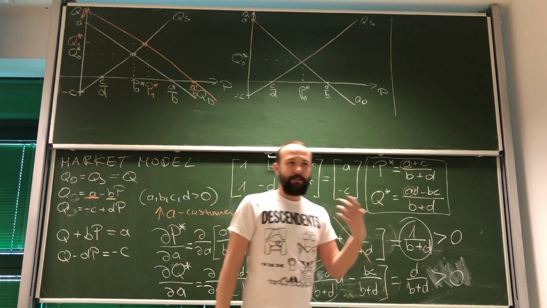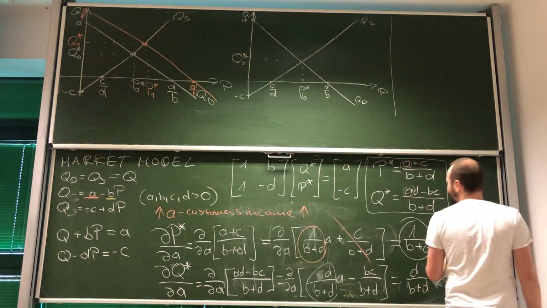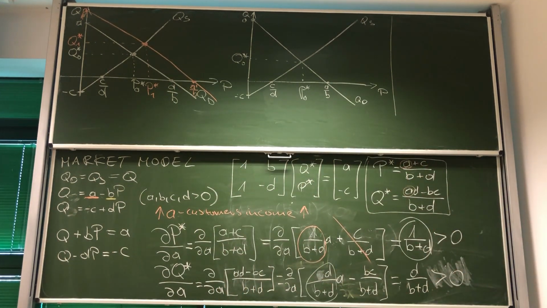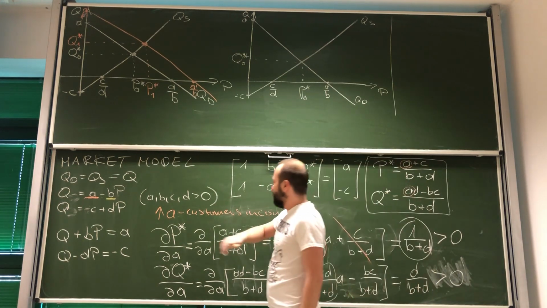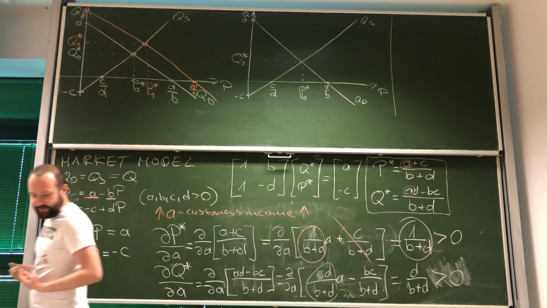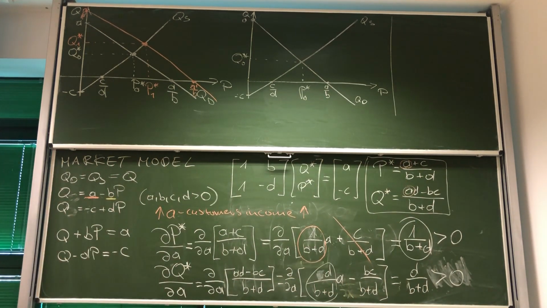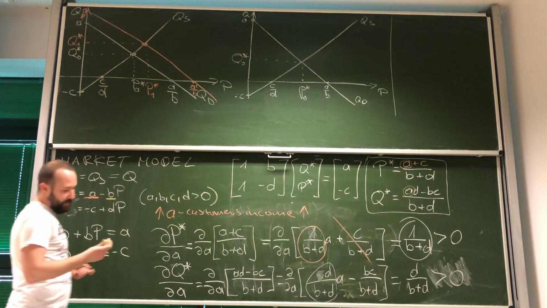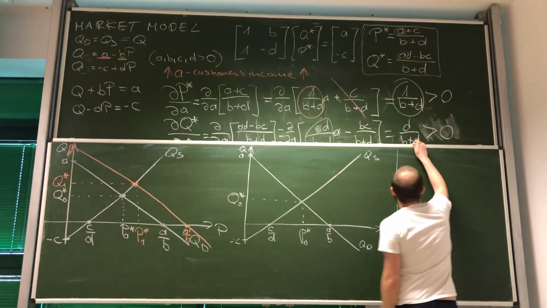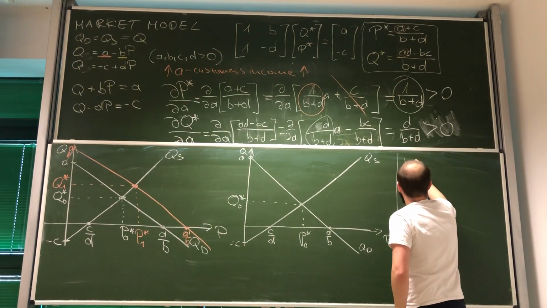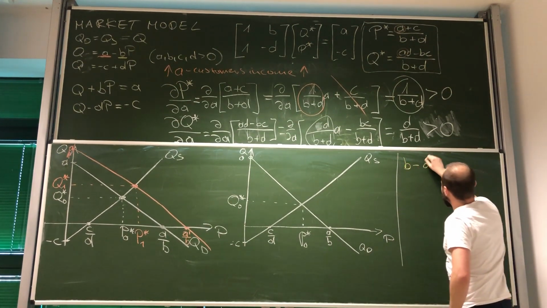What does it mean that demand is more elastic? It means that it's more responsive to changes in price level. Okay, so look, just as we did with A, we need to give some interpretation to B. So let's just say that our B, again, just like here, is associated with demand elasticity.